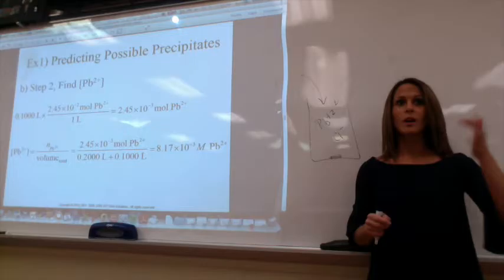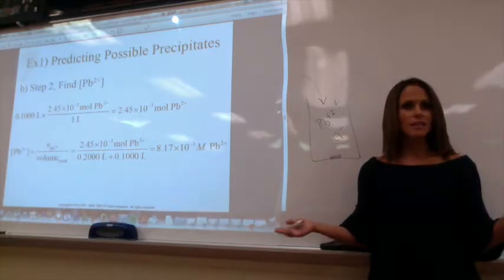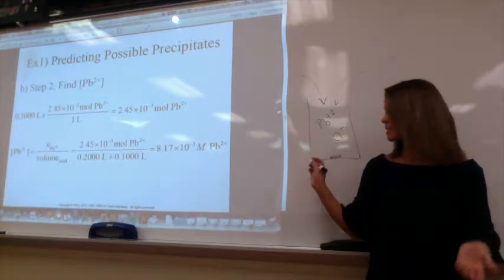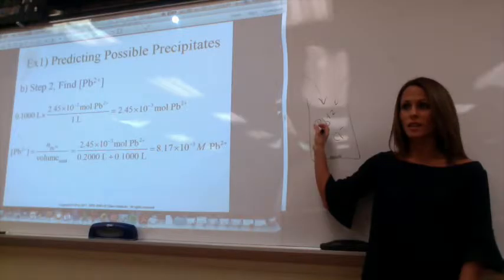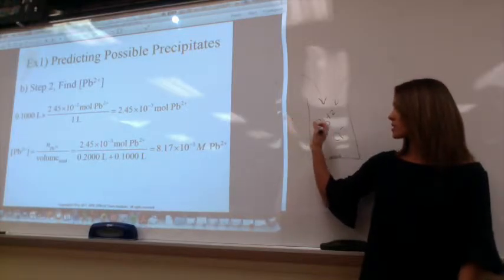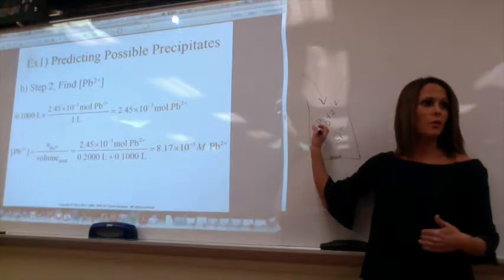Here's scenario 2, I put in more water and solid sits at the bottom. What's the concentration? The same. Because if solid's sitting on the bottom, it means you're holding the max number of ions that possibly could be in the solution, right? So what I want to know from this question is the max number in the beaker? And if it's not, then I'm not going to form a precipitate.